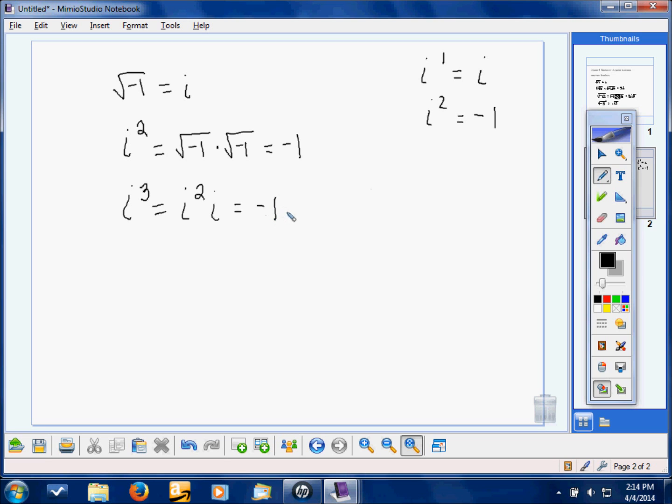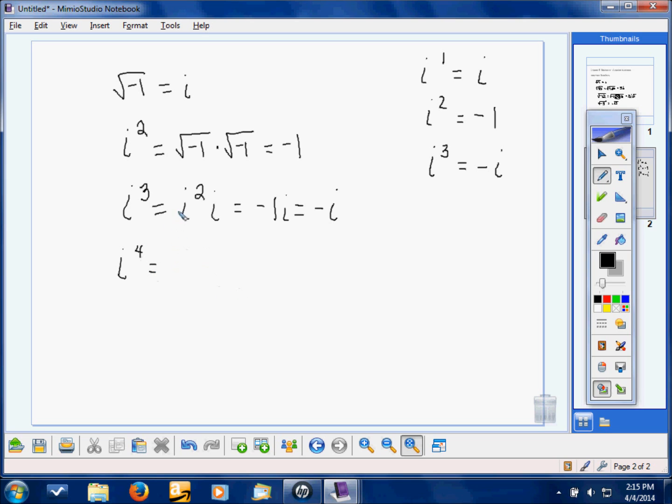Times I, and I is I, so this is really negative I. So I cubed, when we simplify it, is negative I. You're not going to go through the simplifying process every time, but I wanted you to see, instead of just randomly throwing these things up here, where they came from. Alright, so let's try I to the 4th power.